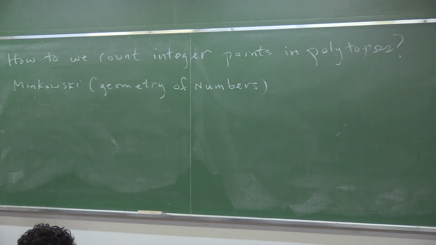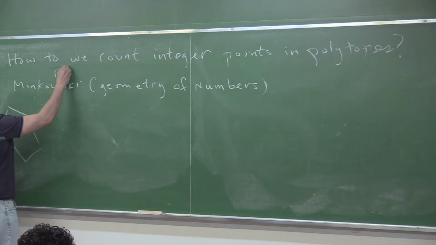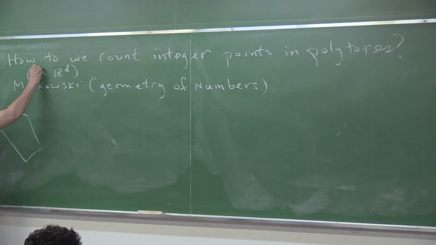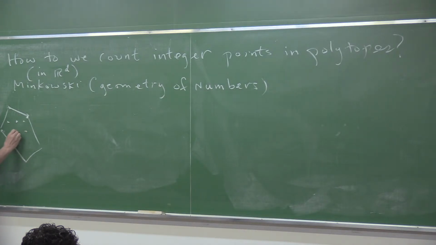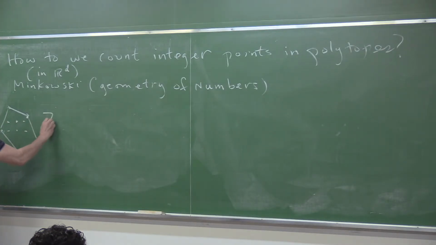So in two dimensions, this is in R^d. In two dimensions, it's kind of easy to count points, or at least it seems easy. You just look at the two-dimensional lattice, and you intersect the lattice with a polygon.